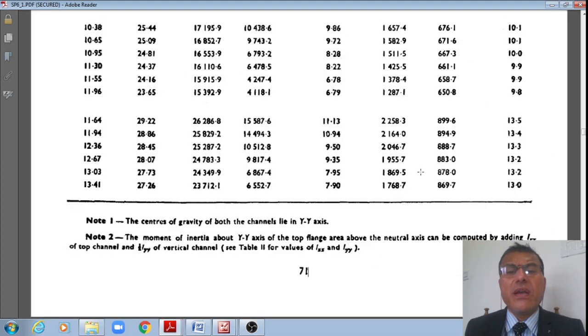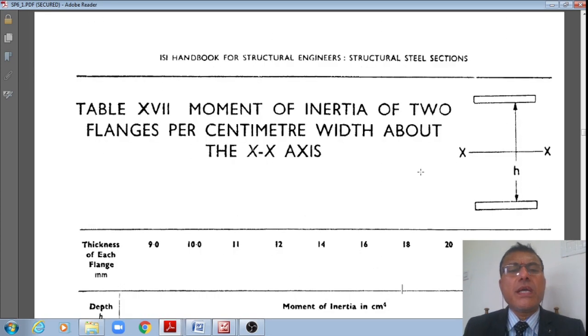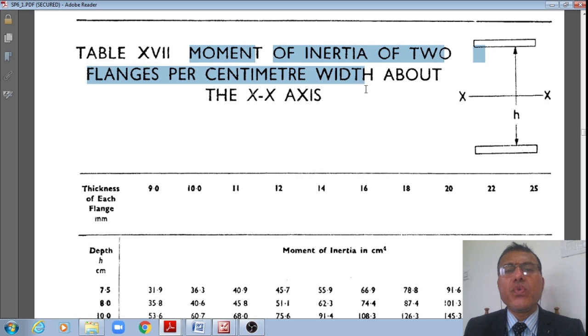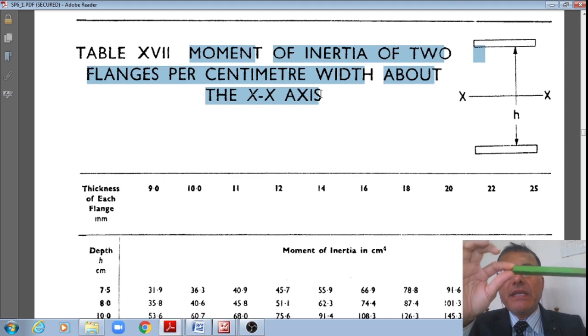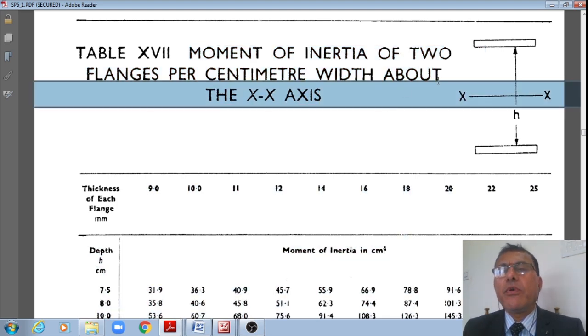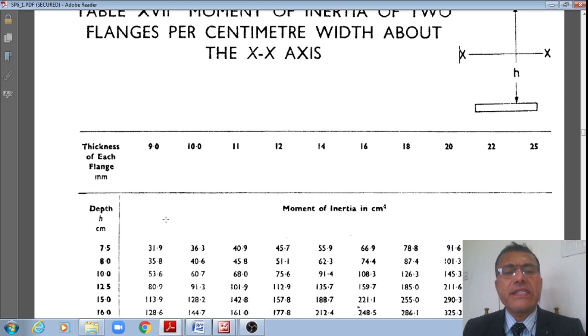Now let us move to the other discussion as a table 17, which furnishes the moment of inertia for two flanges per centimeter width, right? That is per 1 unit width with a thickness of T, different thicknesses, right? Maybe the thickness may be 9, 10, 11, so on and so forth up to 25, about this major axis of bending XX axis, right?